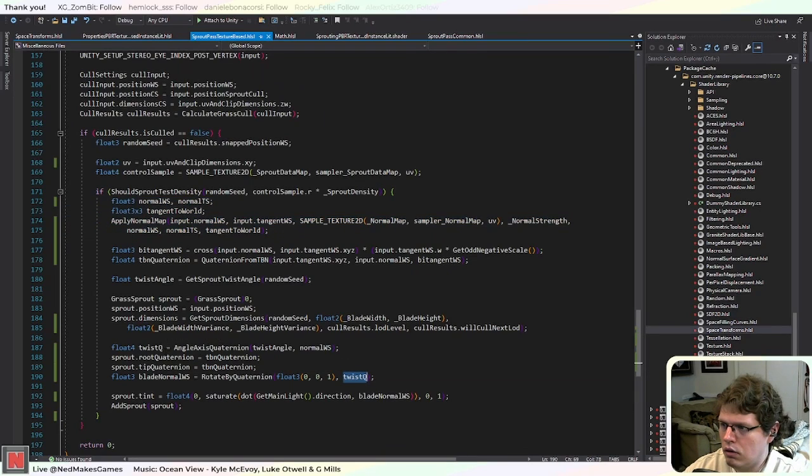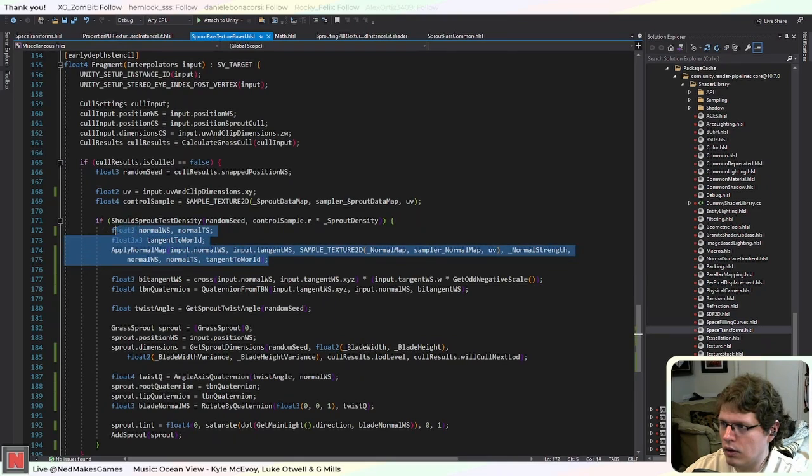Oh. Well, that's okay. So it's changing the lighting just because this twist still uses the normal world space, which it should have thrown an error when I turned this off.